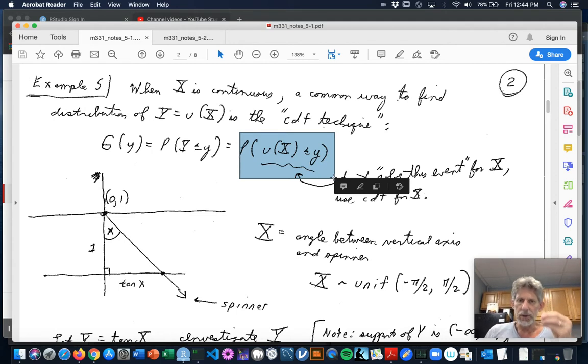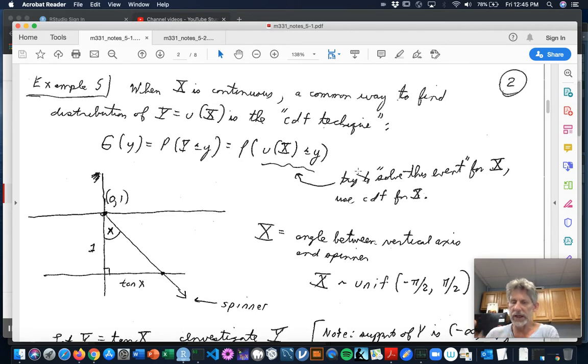You're going to look for the probability that u of X is less than or equal to y, and you're going to hope that's an event you'd like to express in terms of X being less than or bigger than a number instead of the u of X. So it's like back-solving the event for X, which you'll typically be able to do most easily if u is a one-to-one function.